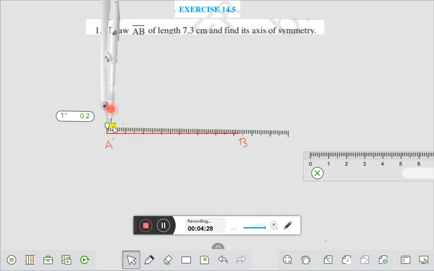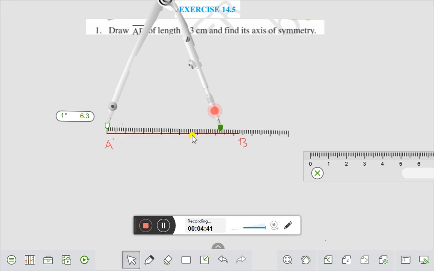Let us take a distance more than half of AB. We are taking more than half of AB. Right?